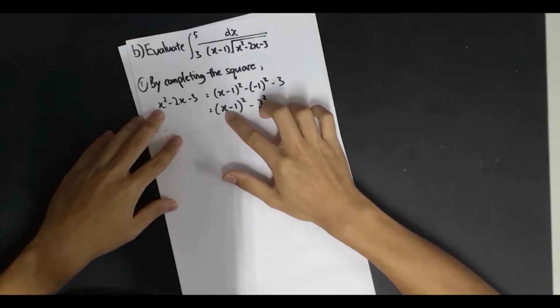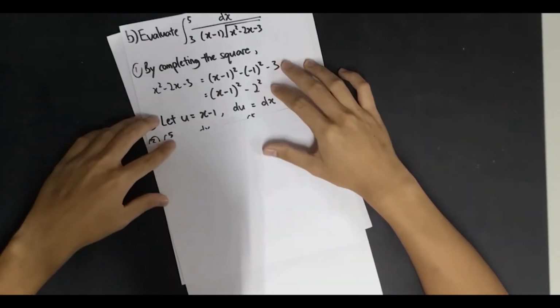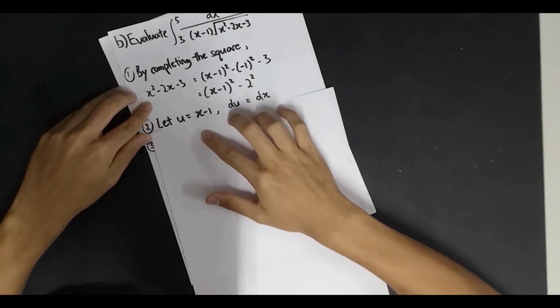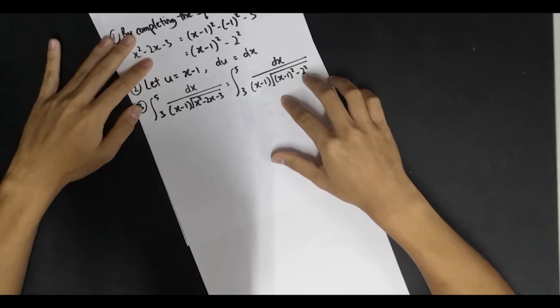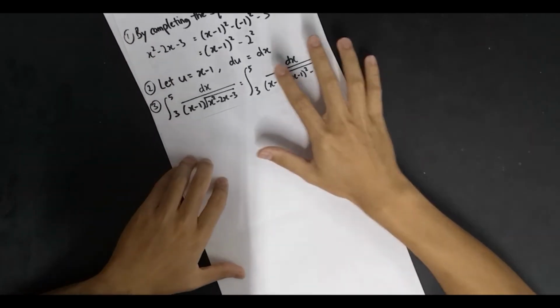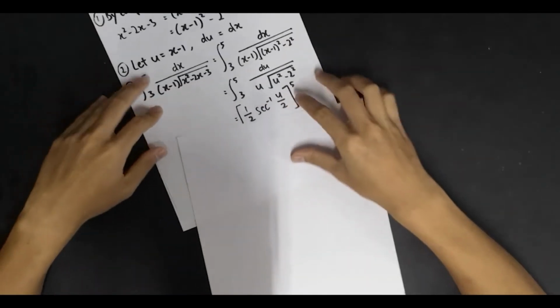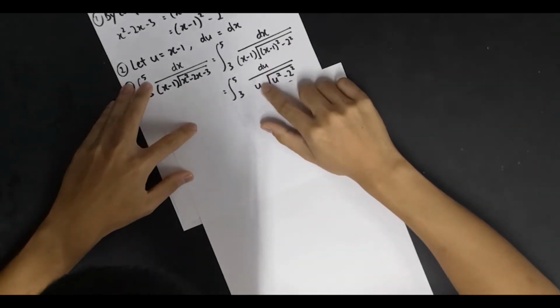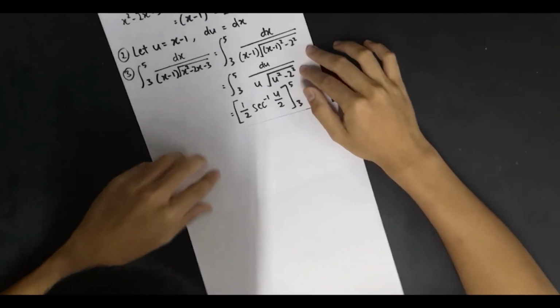Simplify it, you get (x minus 1) squared minus 2 squared. Okay, step 2. Let u equal to x minus 1, du equals dx. Step 3. Substitute all the values into the equation. You get du over u square root of u squared minus 2 squared.